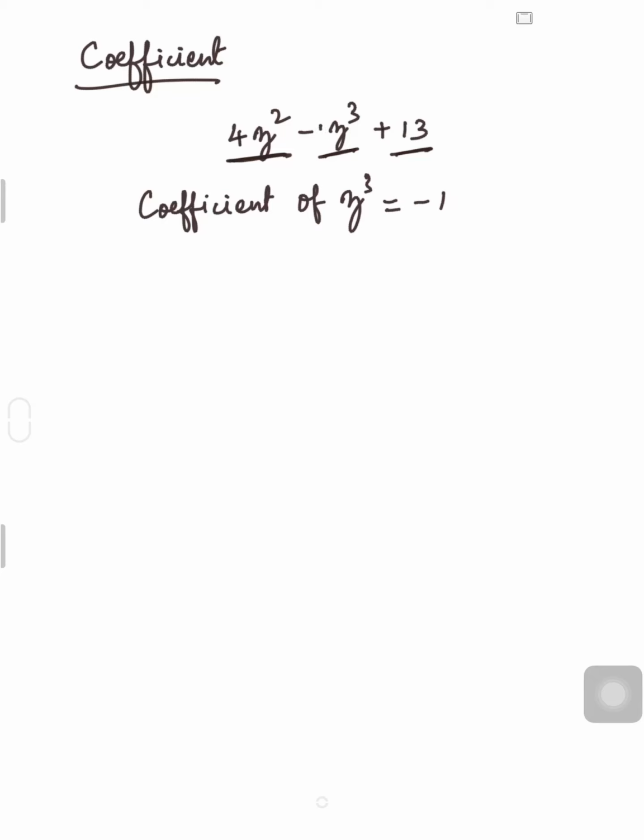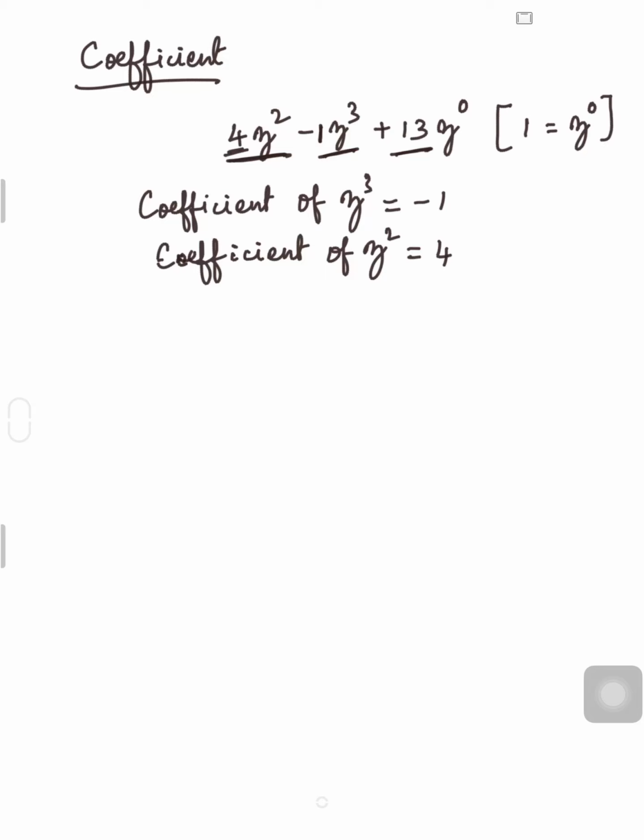There is no number, which means it is 1. Similarly, the coefficient of z squared is 4. And here there is no variable, which means any variable power 0 is 1. So 1 can be written as z power 0 here. This 13 can be written as 13 into 1, and that 1 I have taken as z power 0. So the coefficient of z power 0 is nothing but 13.